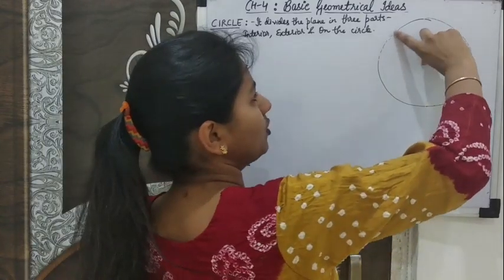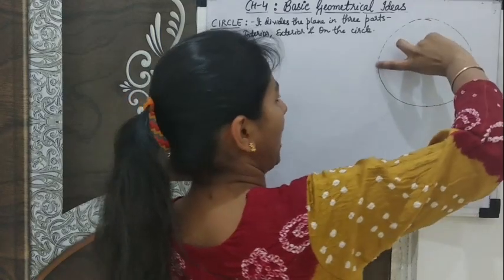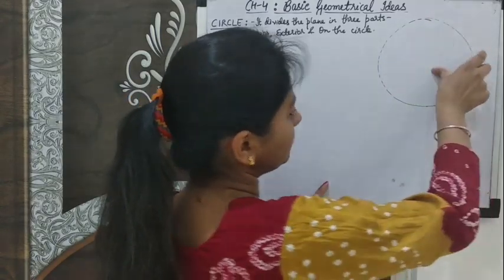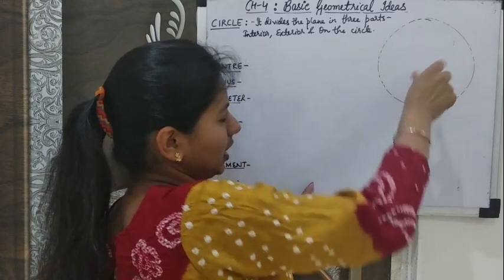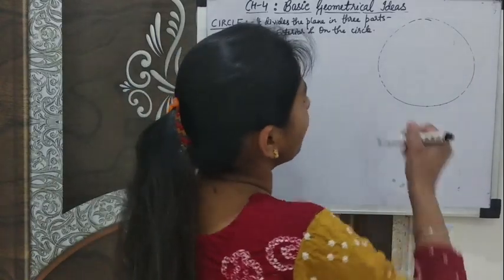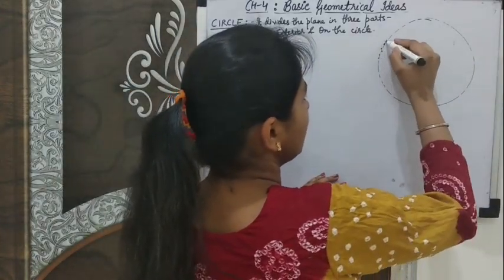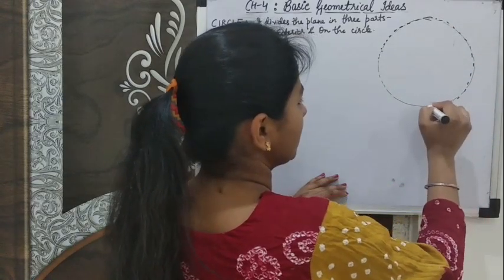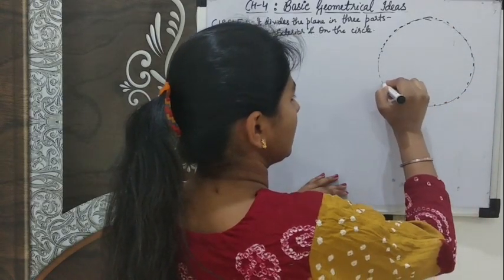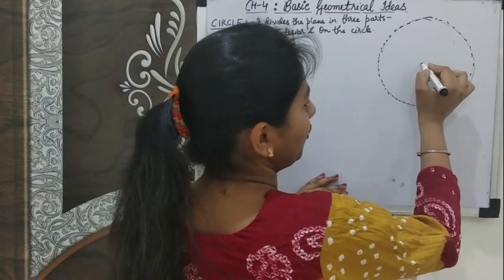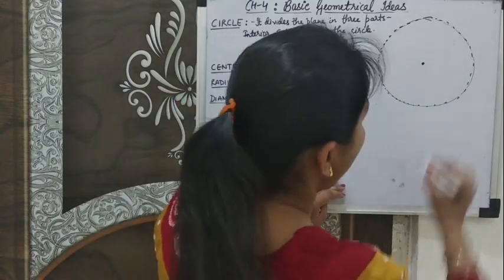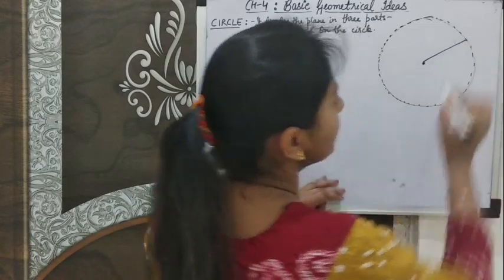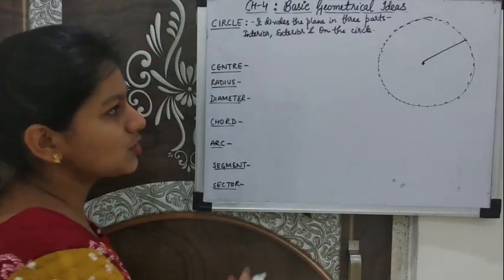Many dots are located, and this is a collection of dots from a fixed point. So this is a collection of points. A circle is a collection of points at a fixed distance from a fixed point.